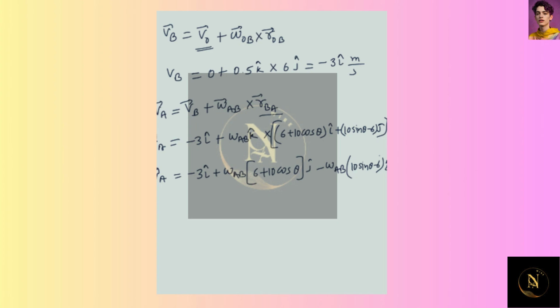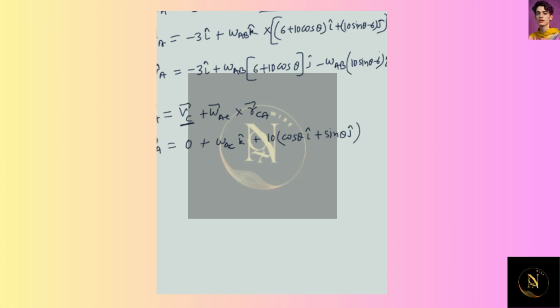So now we can also obtain the value of V_A from omega_AC, that is V_A vector equals V_C vector plus omega_AC vector cross R_CA vector. So substituting the values, we get V_A vector equals V_C, which is 0, plus omega_AC k cap cross R_CA, which is 10 cos theta i cap plus 10 sin theta j cap.